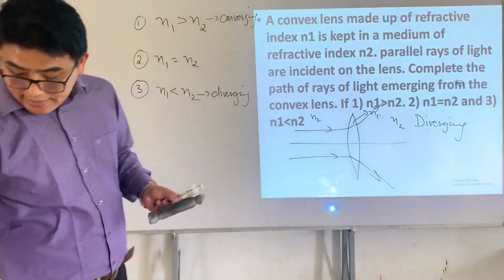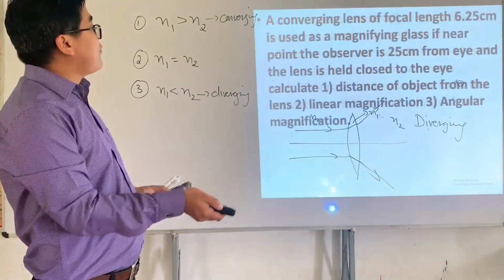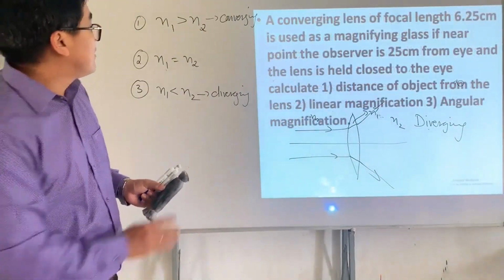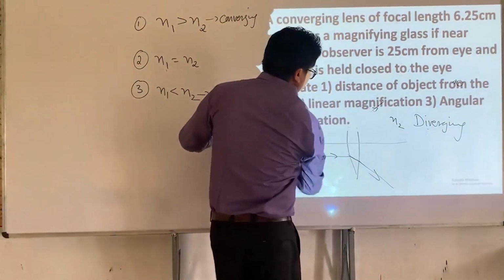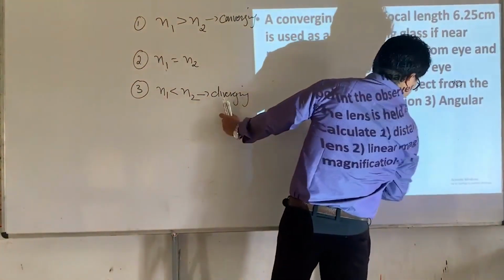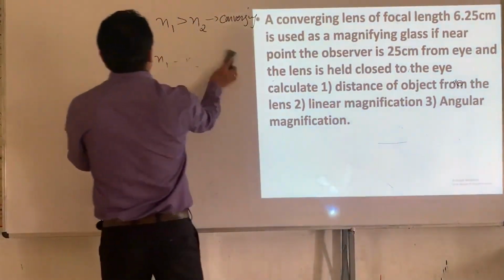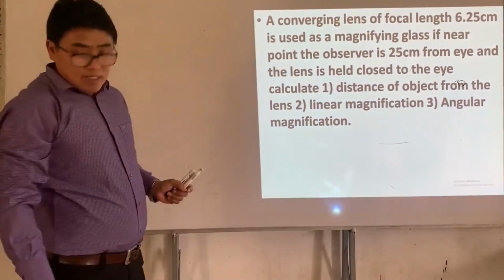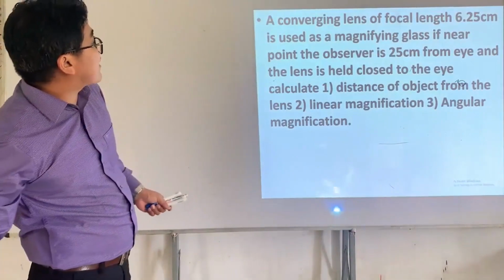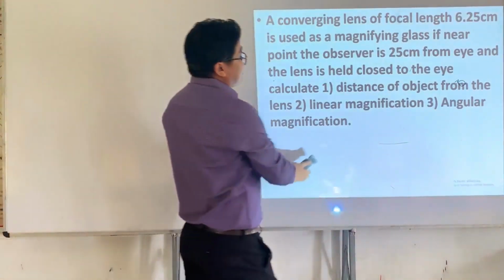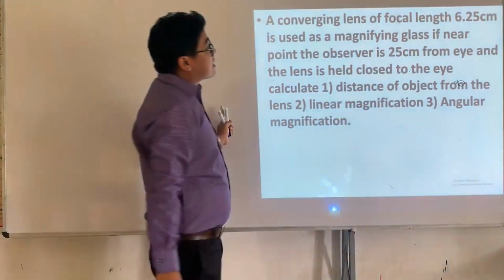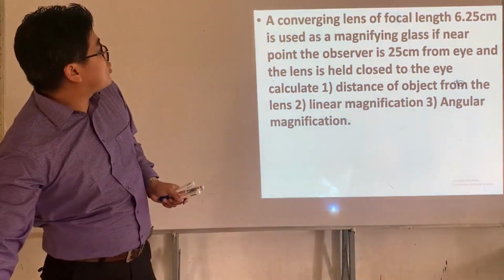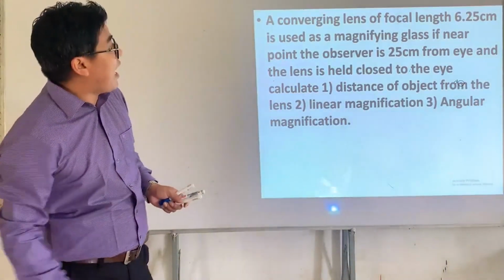Now, the next problem I have is: a converging lens of focal length 6.25 centimeters is used as a magnifying glass.